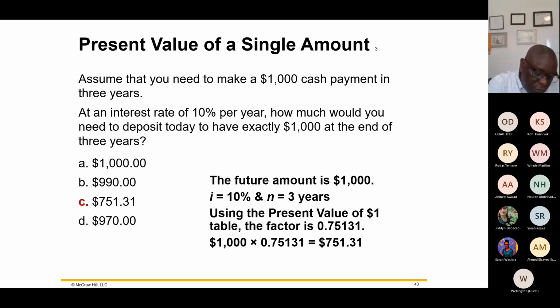We know that future value, FV, will be equal to present value multiplied by 1 plus the rate to the power of years or periods. In this case, we have 3 there, number of years. So we are looking for present value, so we should be able to use this.